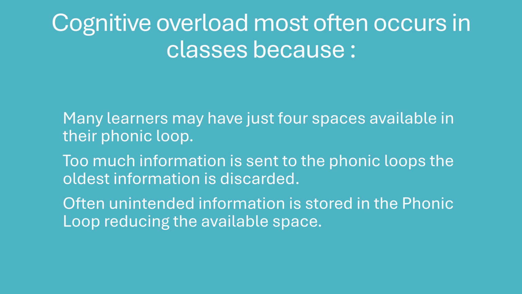Unintended information is stored in the phonic loop. So anything that isn't what we want the kids to work on and associate together is unintended information. It takes up space in our phonic loop, and it slows us down, or stops us from taking those ideas and constructing a new schema or a new concept.